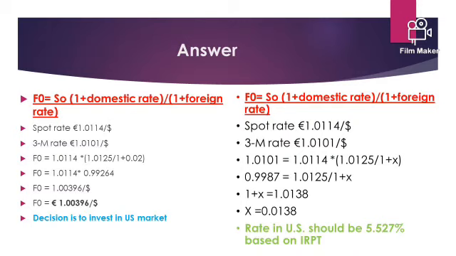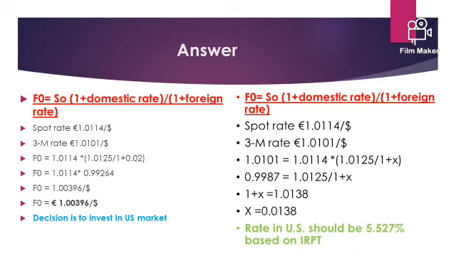So the first method, which is on the left hand side, you can see the formula is spot rate times 1 plus domestic upon 1 plus foreign rate, and we'll start putting figures into the formula. Though the actual forward rate is given by the bank, we will not accept it. We will find out our own theoretical value. So F0 we will find out. The spot rate is given 1.0114 into bracket 1 plus domestic rate.